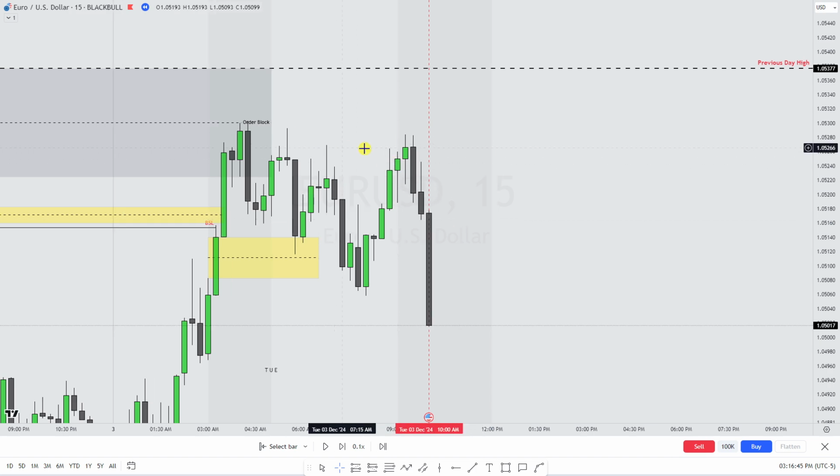But as you can see, after taking this swing, we broke all the way down again. Now, this move over here, I've been noticing that it happens a lot lately. Prior to or leading to the 9 a.m., we will go and take out a swing high, and then immediately after taking the swing high, a move to the downside, and then after this move, we will retrace all of it again.